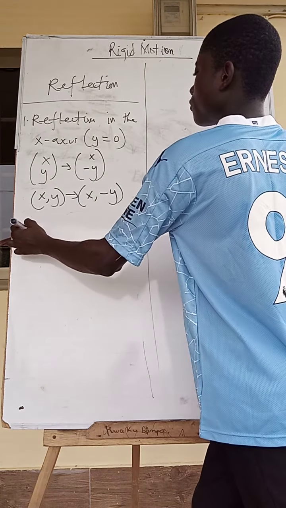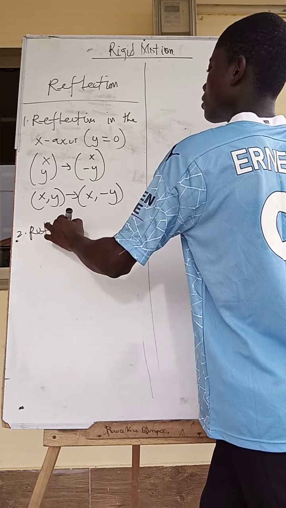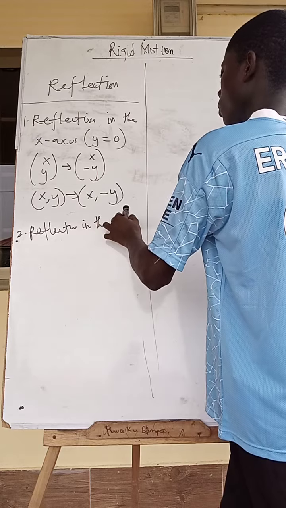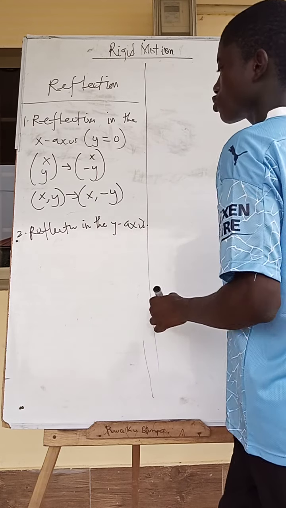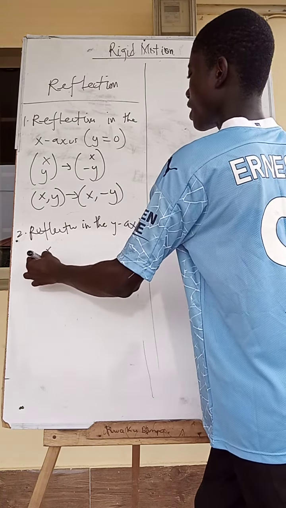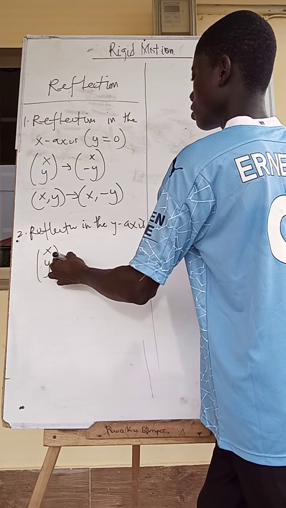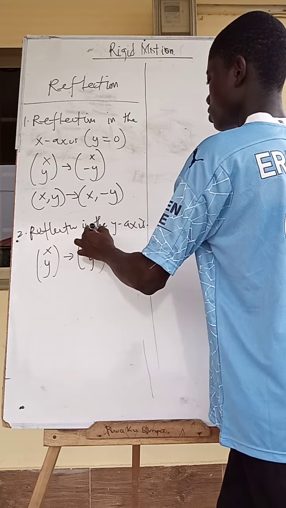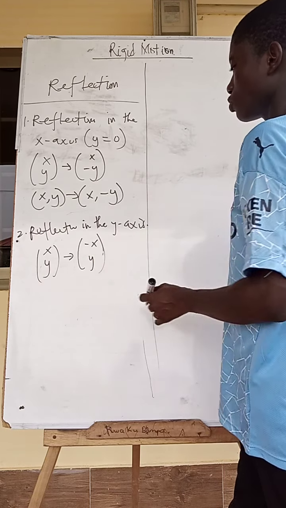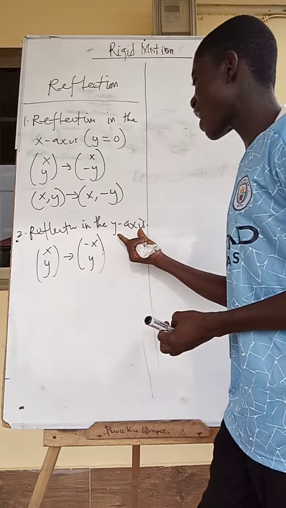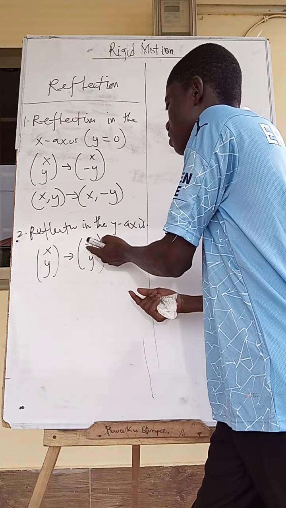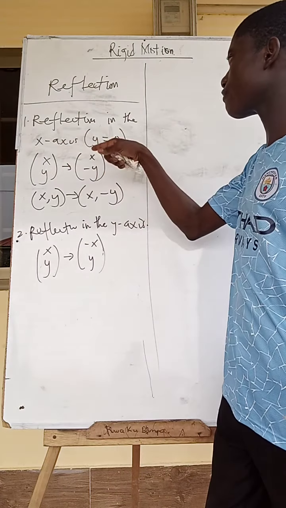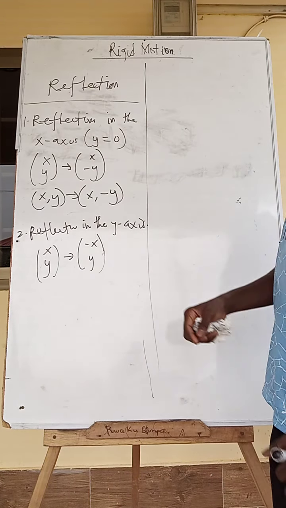The second one is reflection in the y-axis. So reflection in the y-axis, our (x, y) maps to (-x, y). So just take note. When we are reflecting in the y-axis, something is affecting x, we are negating x. But if you are reflecting in the x-axis, something is also affecting y, and that is the negative.